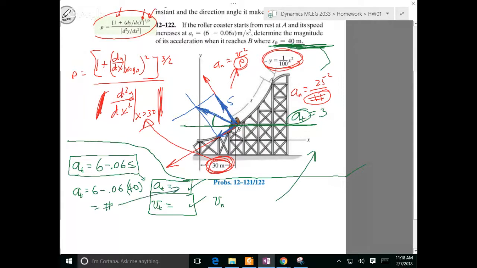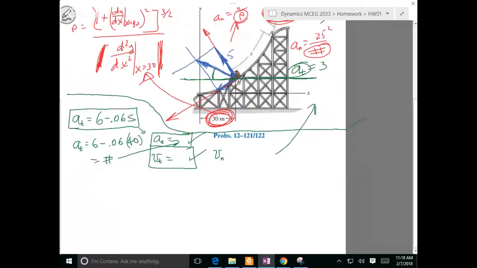And that number just goes over here. How do you get VT? Well, or V, just V. A is just equal to the change in velocity with respect to time, which is dv/dt, which is dv/ds times ds/dt, or it's nothing more than the velocity times dv/ds.